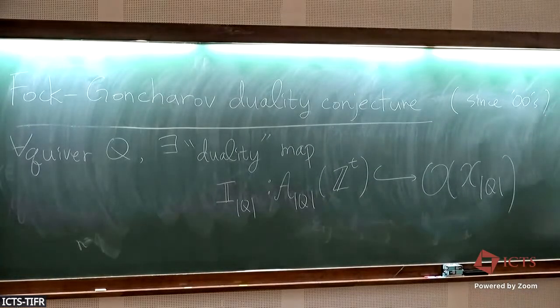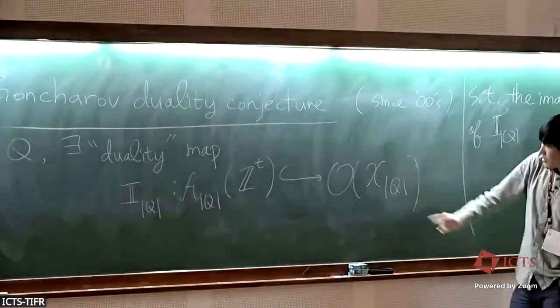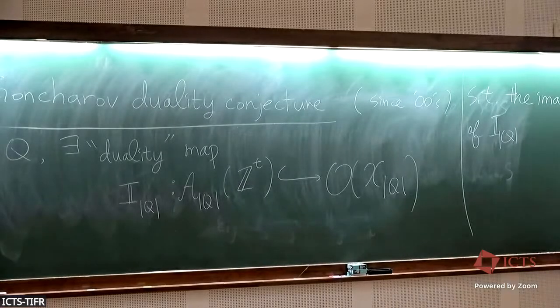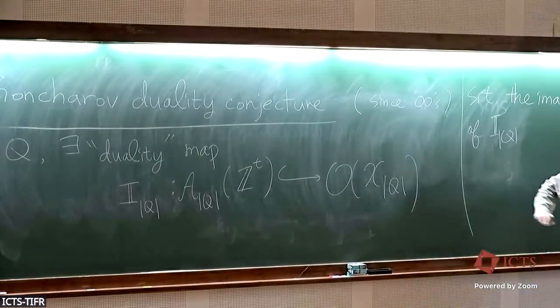So I'm not going to tell you everything, but only some of it, such that the image of this map, which is some subset of the target, should be a basis of the target algebra. This is an algebra over C, so it's in particular a vector space.